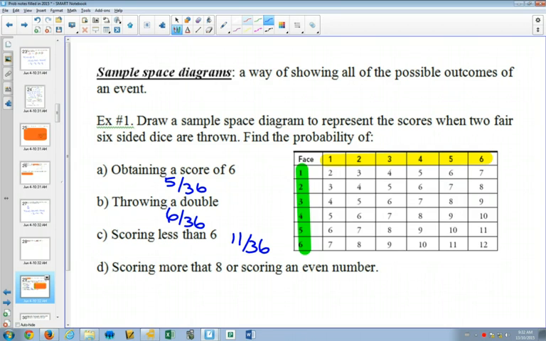Scoring 8 or more, or scoring an even number. One of the things that I do in a situation like this, scoring more than 8, well, I'm just going to circle all the ones that are more than 8. And then even numbers, I'm going to circle the ones that I haven't that are even.